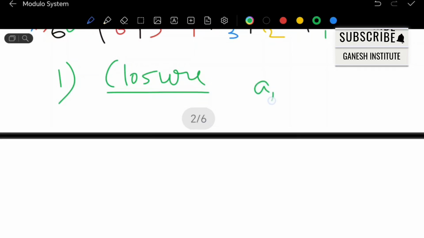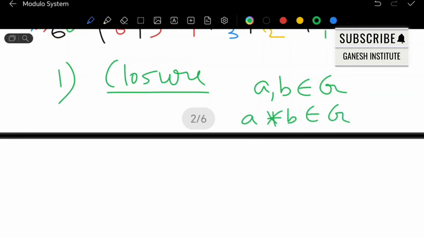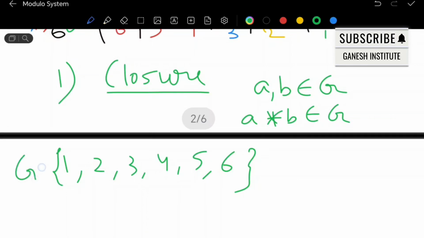If I'm taking a and b from the set, then the operation between them must be from the set only. So you have 1, 2, 3, 4, 5, 6 from the set G.